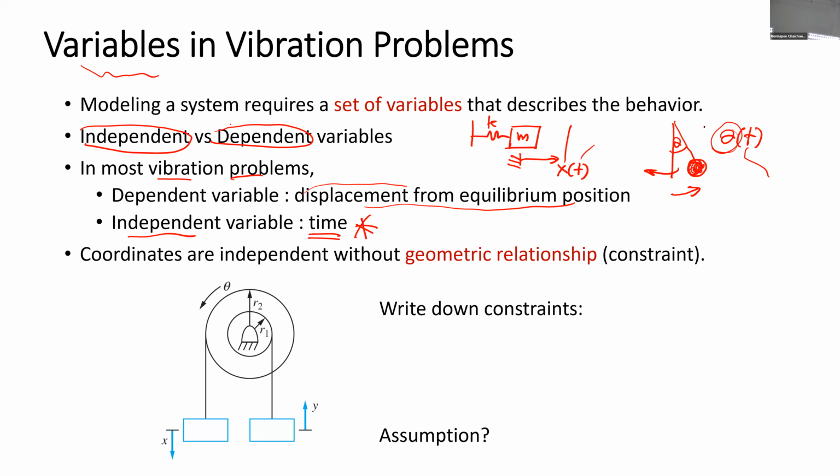The coordinates in the system, if we see this system, how many coordinates can we see in this system? You can try to give an answer. We need a volunteer.